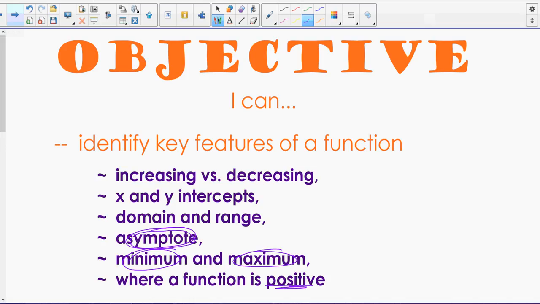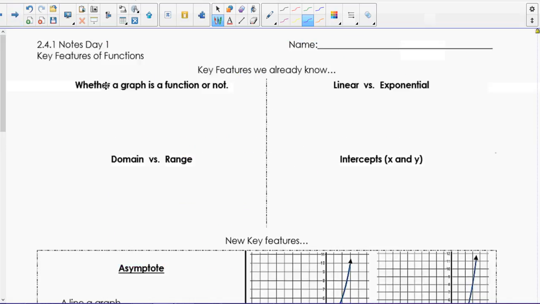Okay, so if you take a look at your notes, what we've talked about already, whether a graph is a function or not, that just comes from the vertical line test when it's graphed. So vertical line test. We've talked about linear versus exponential, showing that linear is a straight line and showing that exponential is a curved line with an asymptote.